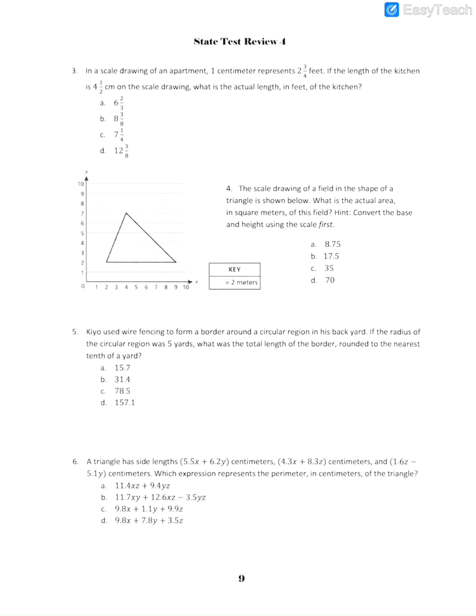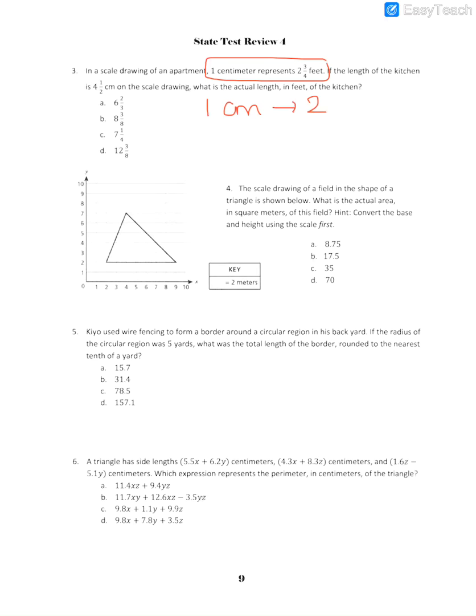All right, number 3. In a scale drawing of an apartment, 1 centimeter represents 2 3/4 feet. If the length of the kitchen is 4.5 centimeters on the scale drawing, what is the actual length in feet of the kitchen? Okay, so this one's very similar to the one we just did. We have 1 centimeter.